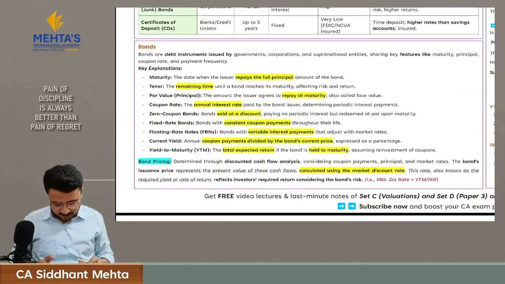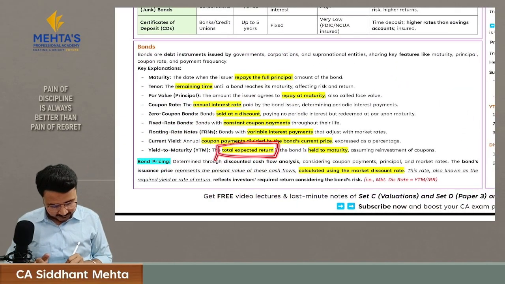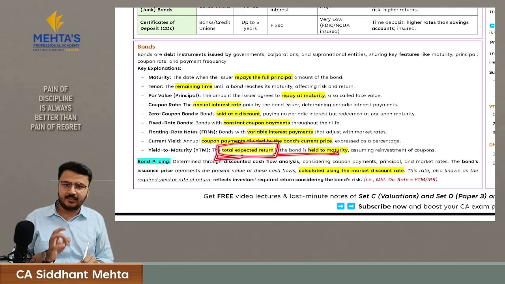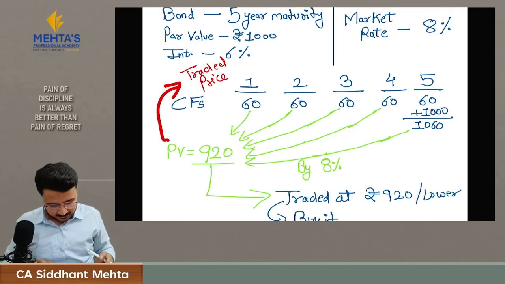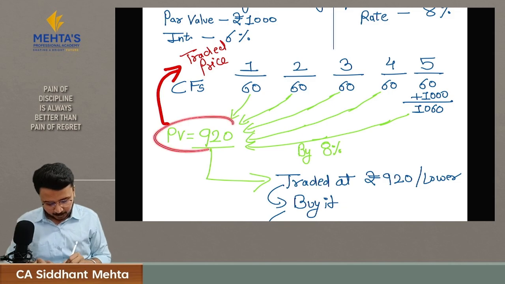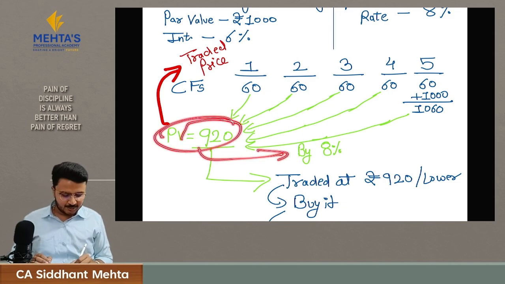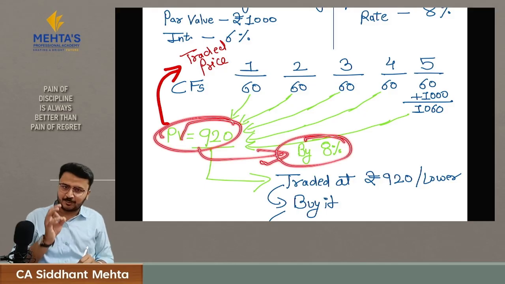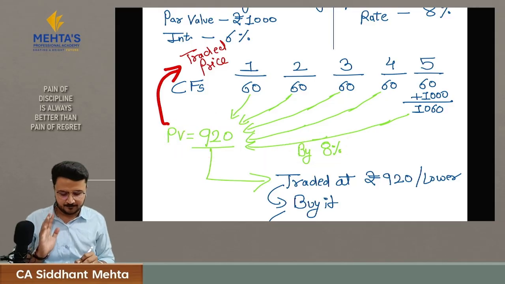The definition of yield to maturity is total expected return if the bond is held till maturity. In this example, you can see that if you buy this bond at 920, the return which you can expect is 8%. So the market rate which you used for discounting is also your YTM, that is yield to maturity.